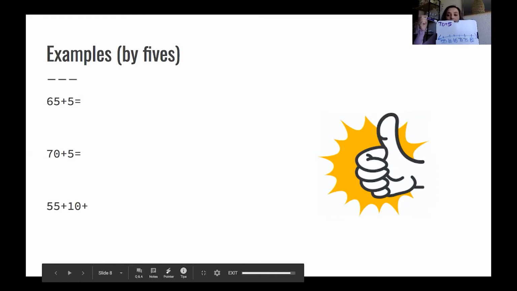So let's look for 70, which is our first number. 70, all right, I see it right there. And we need to add 5. Okay, so we know all we need to do is just like that, and we get 75.